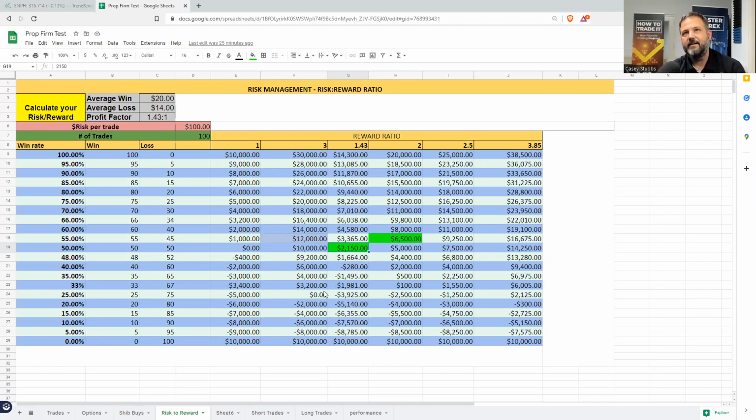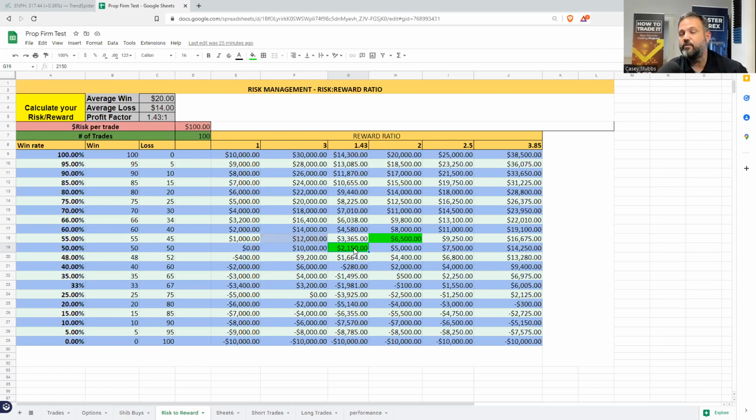Okay. And let me explain something. Okay. Something very simple. If we understand that we're taking $100 losers on average, and we are at a 50% win rate. Well, let's say we really do our due diligence on our trades. You got to take your time and do your due diligence.